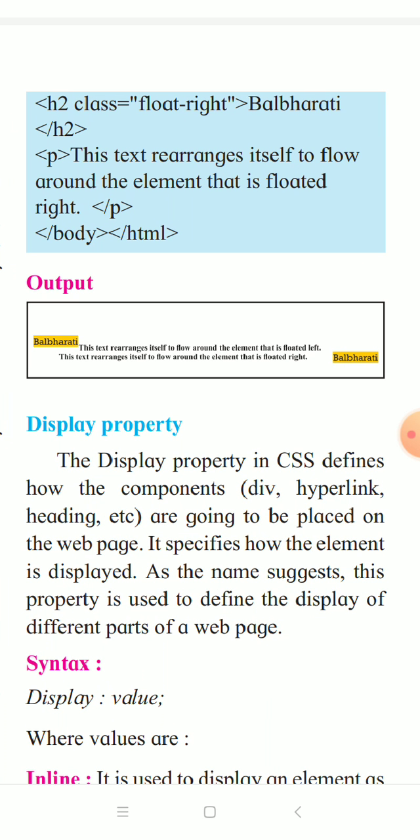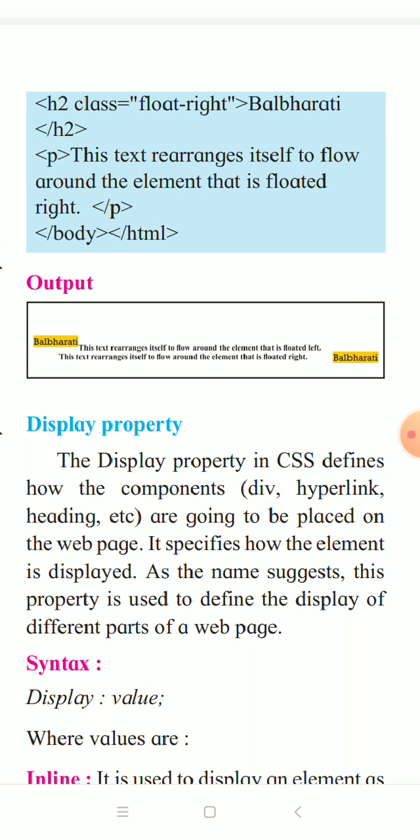See here for first class, that is float left, for float left class the Bal Bharti should display on left side and again for second class Bal Bharti is displayed on the right side of the container.